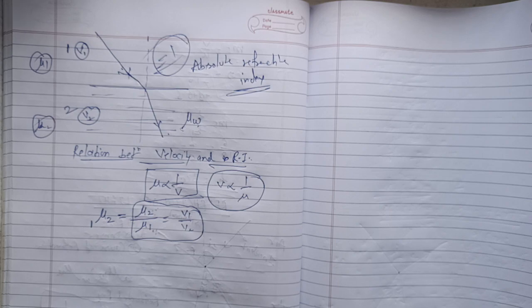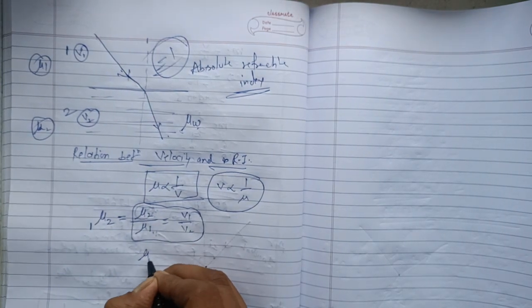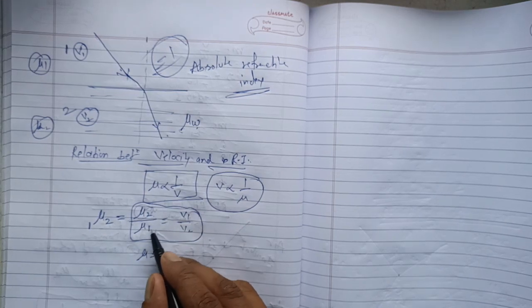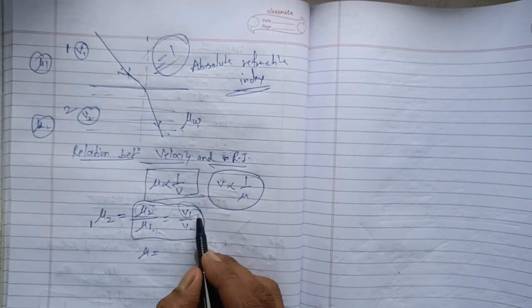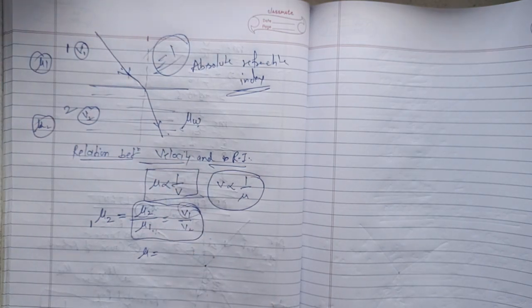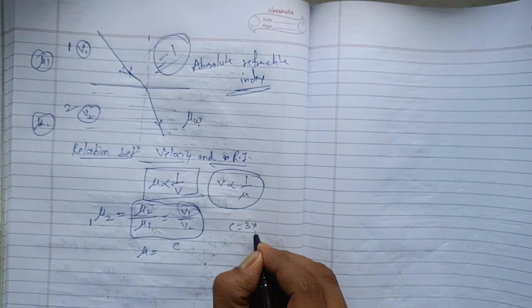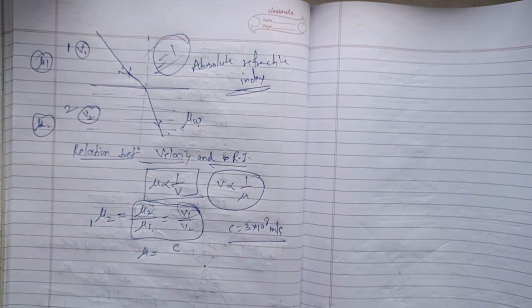Now suppose the first medium is vacuum. If the first medium is vacuum, then we will find mu2 only, which we can write simply as mu, because mu1 will be 1. Then we need not write mu1 and mu2; we can just write mu. The speed of light in vacuum we denote as c, and the value of c is 3 into 10 to the power 8 meter per second.